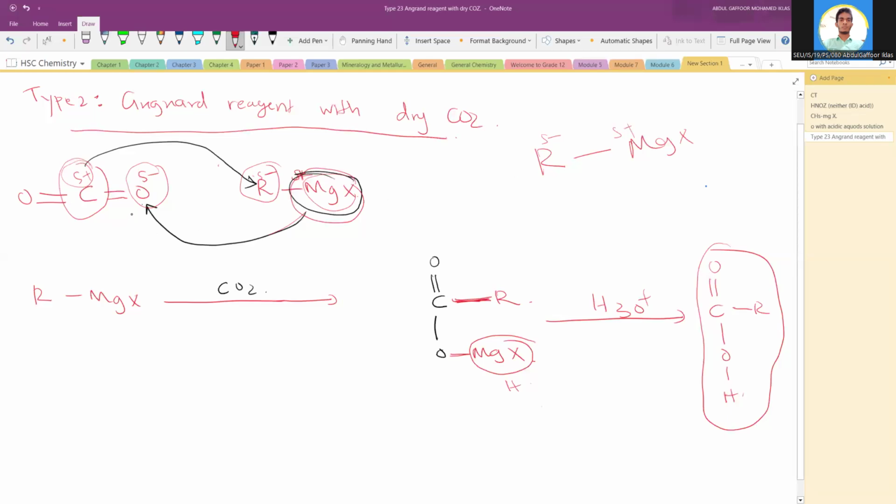Since carbon dioxide comprises two different atoms, oxygen is more electronegative, so it will have delta negative charge so that it will attract this MgX group and combine like this. And again, this R will come and join with this delta plus. And then again, if you put H3O plus, you can produce carboxylic acid.